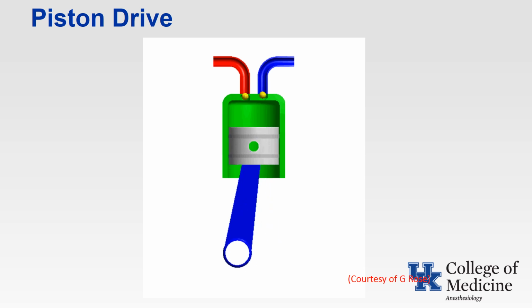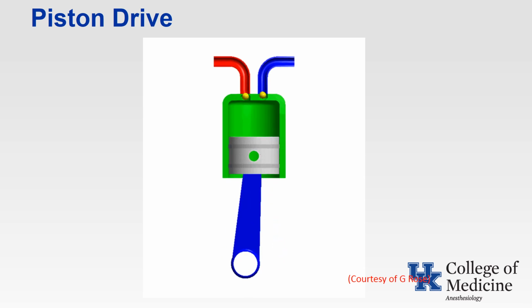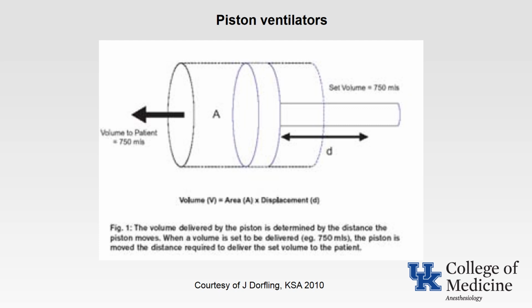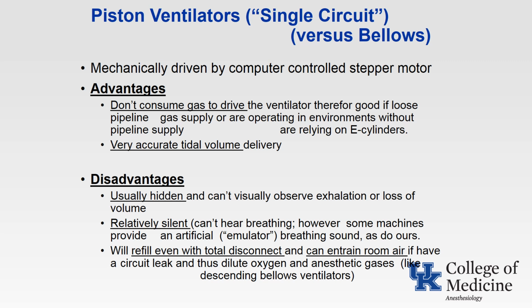Another type of ventilator is the piston driven ventilator. A motor, electronic or otherwise, drives a piston back and forth, which determines the tidal volume. This slide summarizes the advantages of piston ventilators.